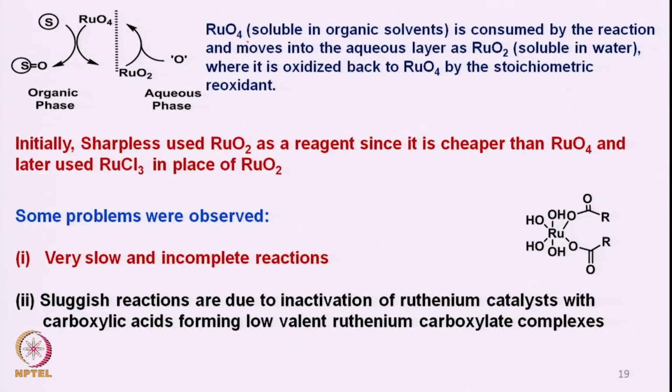Ruthenium tetroxide is soluble in organic solvents and it is consumed in the reaction and moves into the aqueous layer as ruthenium dioxide. When ruthenium tetroxide oxidatively cleaves the double bond, it eventually forms ruthenium dioxide.